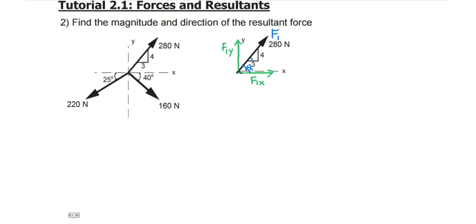We can calculate the magnitude of F1X by using the formula F1X equals F1 cosine the angle θ1, where angle θ1 can be calculated from the tangent inverse of 4 divided by 3. Tangent θ1 equals 4 divided by 3. Therefore, angle θ1 equals tangent inverse of 4 over 3 equals 53.1 degrees.